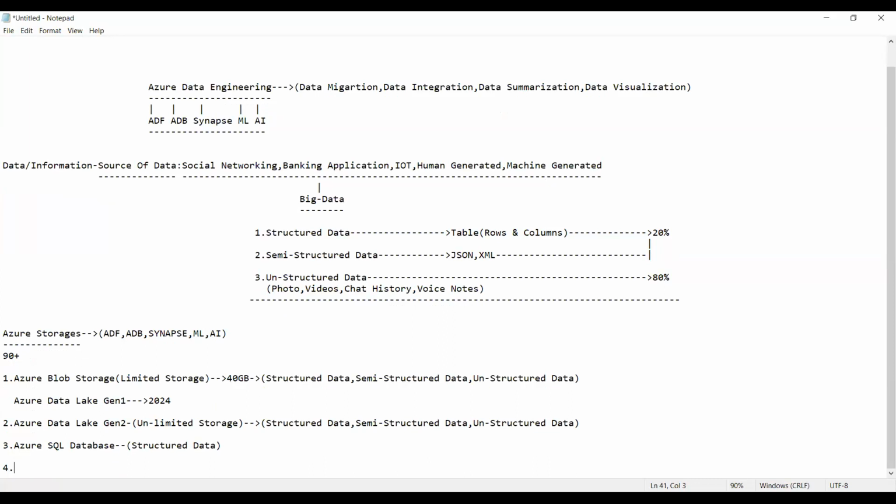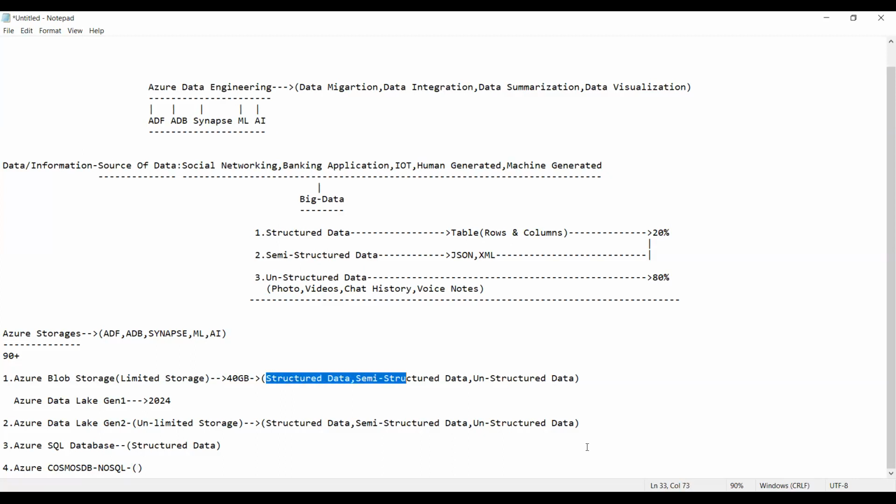The next one we have, guys, is Azure Cosmos DB. Cosmos DB is called a NoSQL database. NoSQL means no tabular structure is required.